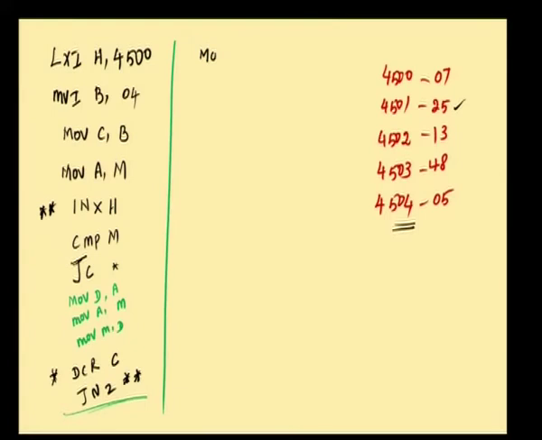So, I will initialize the counter value in one of the temporary registers, MOV E, B. So, the B value 04 will move to the E register.